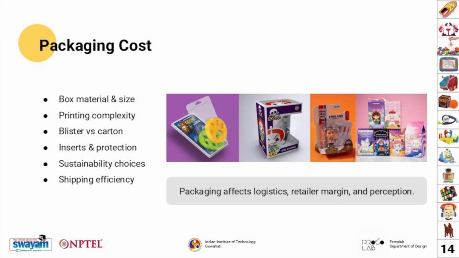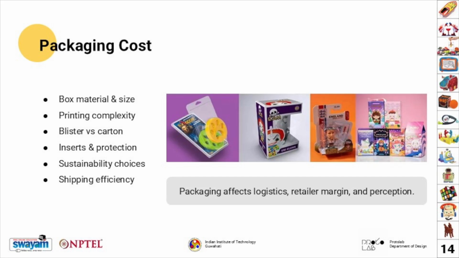When toys are shipped internationally in containers, volume becomes more expensive than weight. A slightly bulkier box could mean thousands of rupees more in shipping across a production run. Printing decisions also have layered consequences.